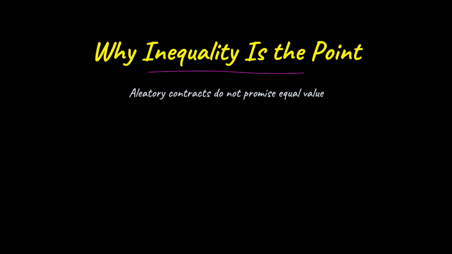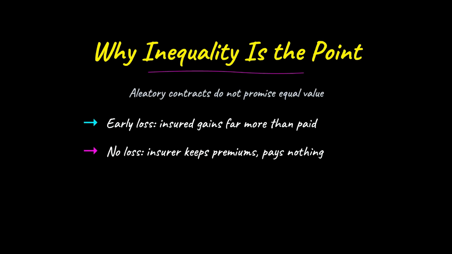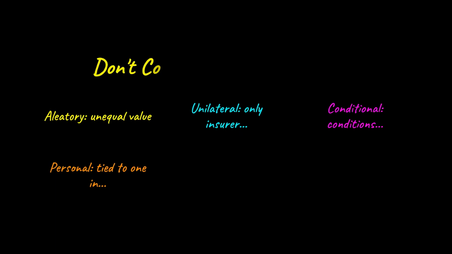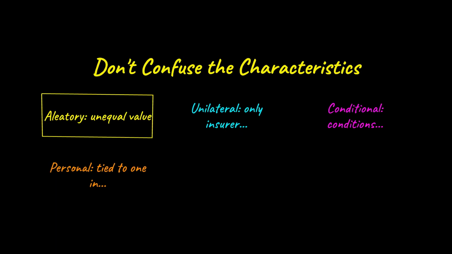This inequality isn't a flaw, it's the mechanism. Insurance works because the many who pay and never collect fund the few who do, which is exactly the opposite of a commutative contract, where both sides intend an even exchange. The exam tests whether you can separate these traits. Unilateral is about who makes the binding promise.